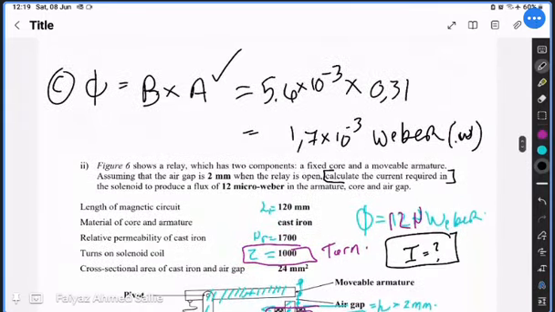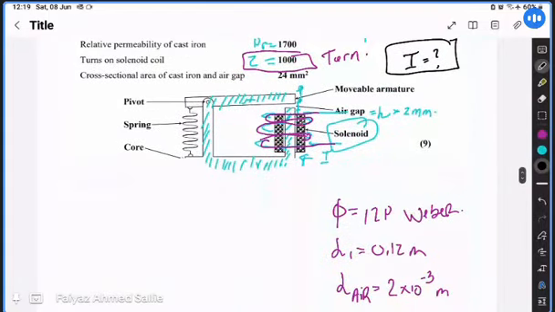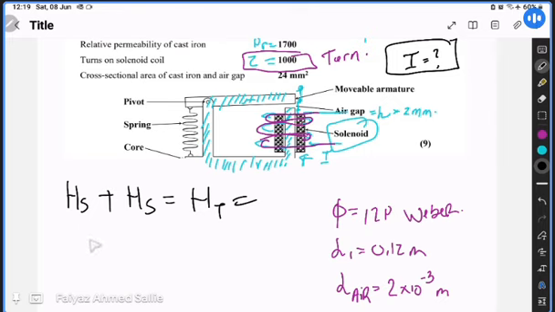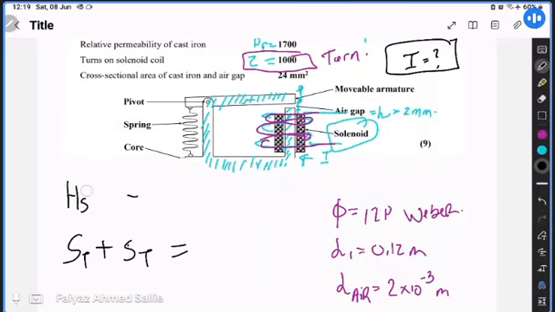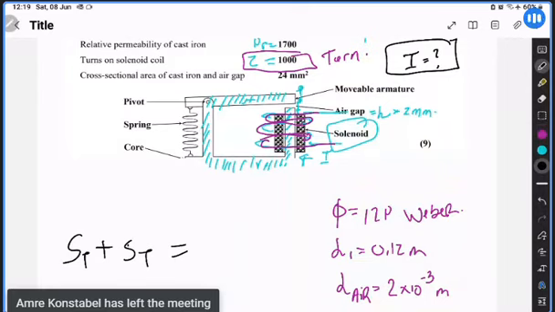Okay, so there are two methods of solving this question. The first method is using the electric field strength and adding it, and the second one is using the reluctance and adding them. So let's use the reluctance, but you can use it the other way. Let me just get this formula.